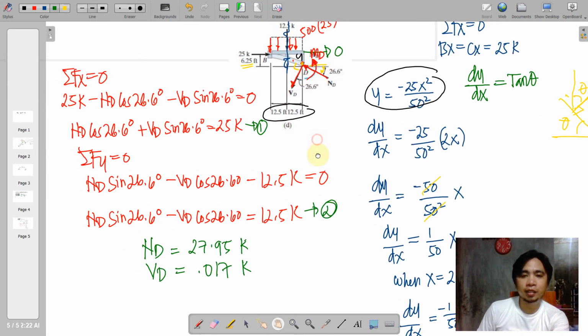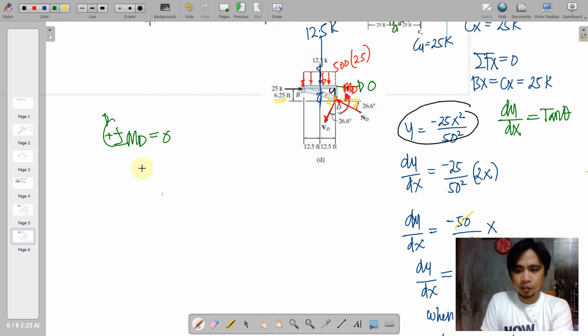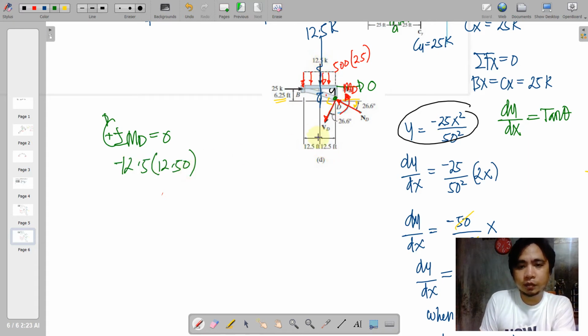So doing that, we have summation moments at D is equal to 0. So at this point, we consider here 12.5 times 12.5 feet, and that is actually a negative rotation plus this one, 25 kips times 6.25.